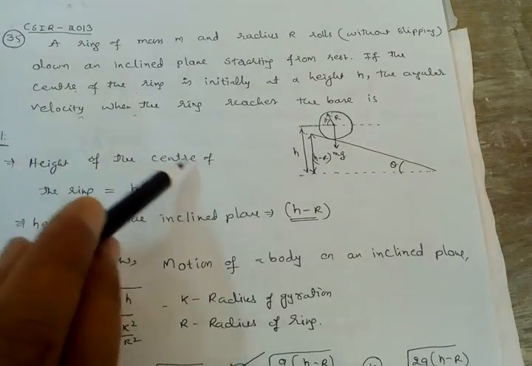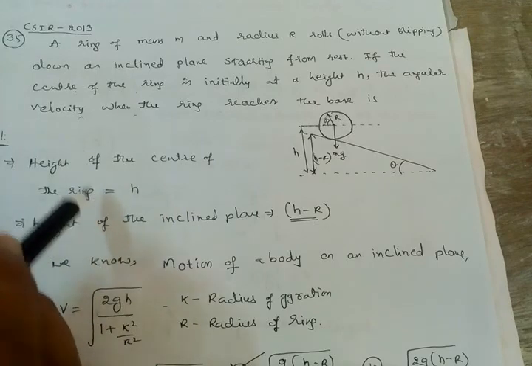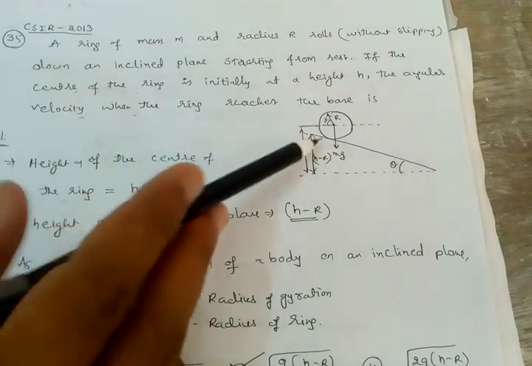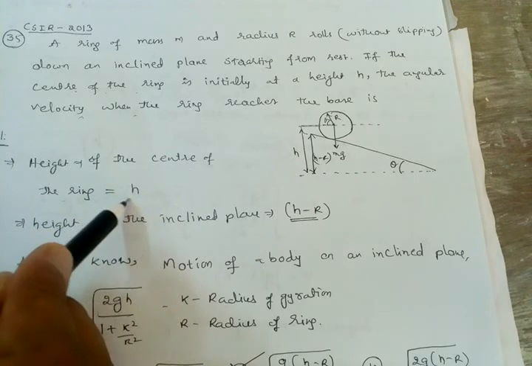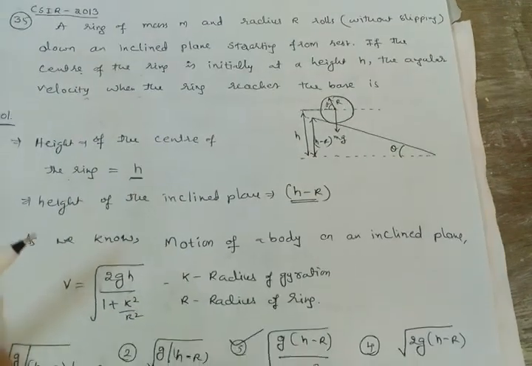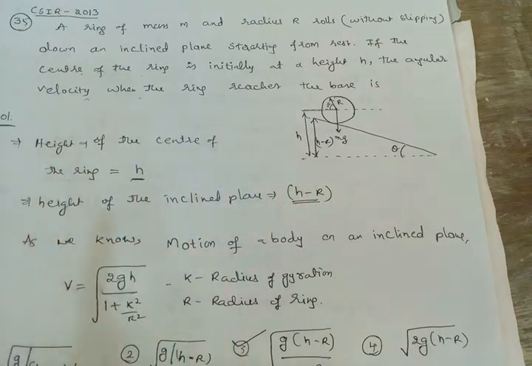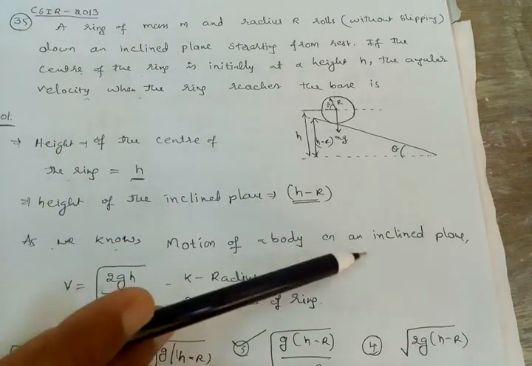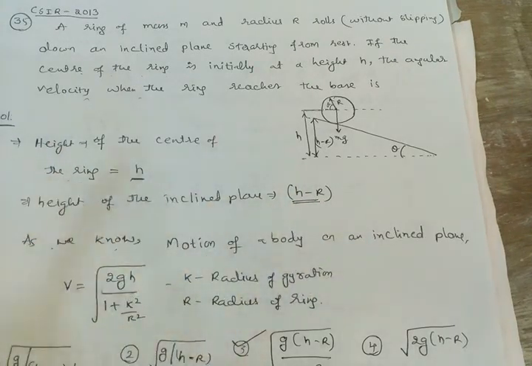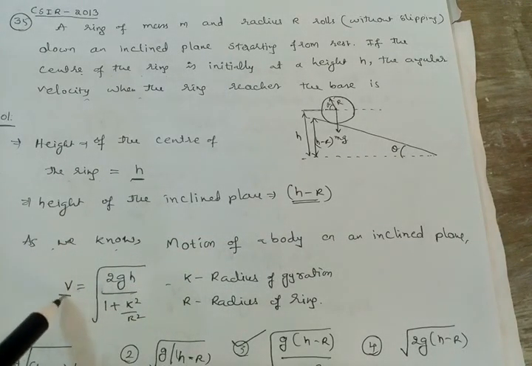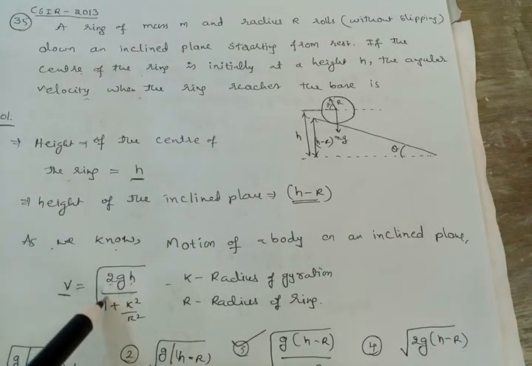See, the height from the center of the ring to the base is equal to h. Then the height of the inclined plane is h minus r. Already understood that one. As we know, for the motion of a body on an inclined plane, this is the velocity formula: v equals root of 2gh by 1 plus k square by r square.